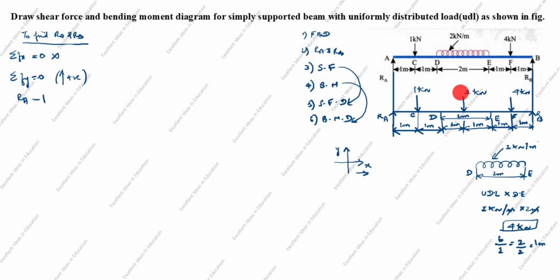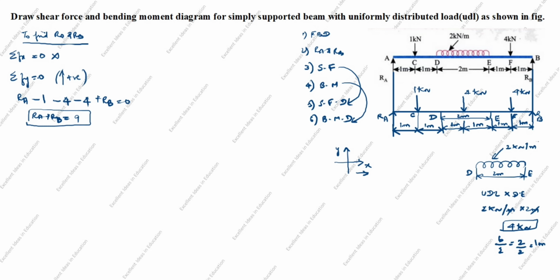Next, you see the arrow comes down only, is negative 4. Next arrow also comes down only. Next also negative 4. Next you see arrow goes up. Up is positive. Plus RB is equal to 0. RA plus RB is equal to, add this 3. 4 plus 4, 8. 8 plus 1, 9. So 9.